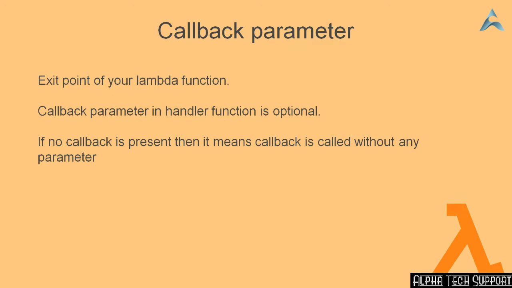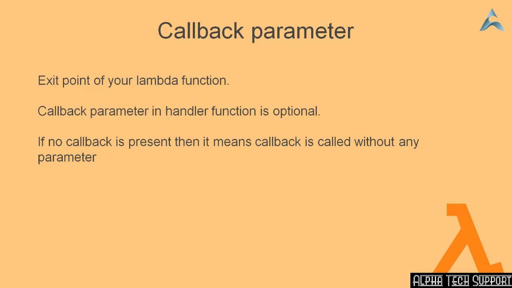Where event object was the first object to get started with after trigger. Then comes context object, and as it proceeds, the callback parameter or object is the exit point of your Lambda function.